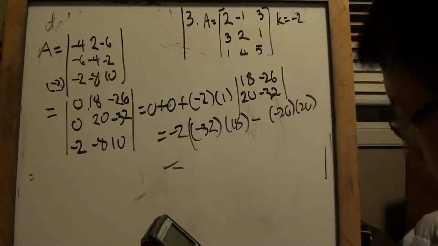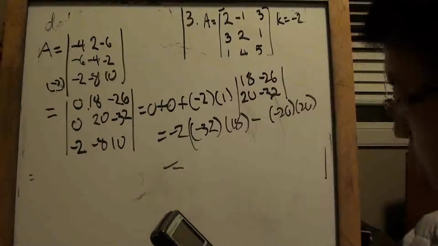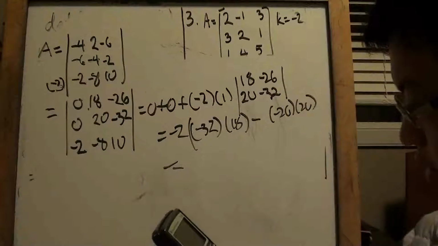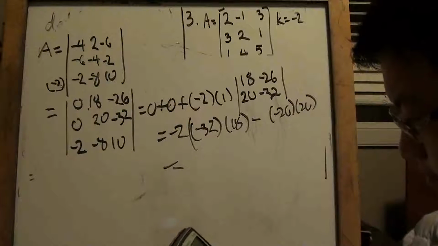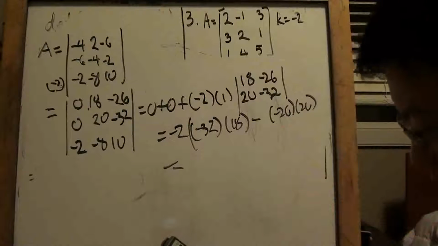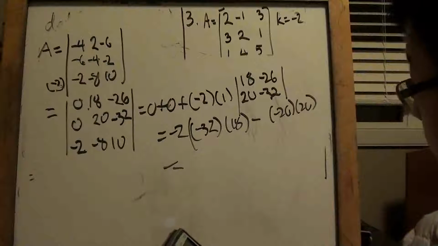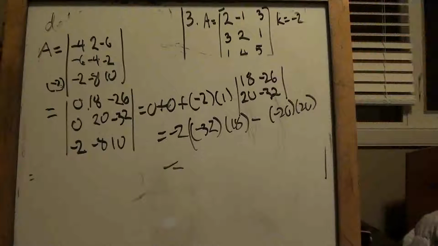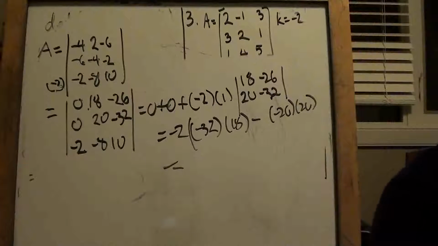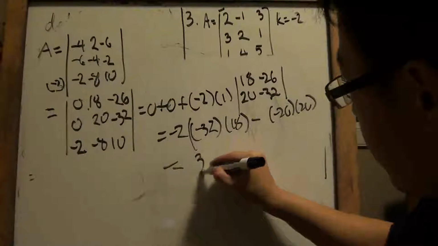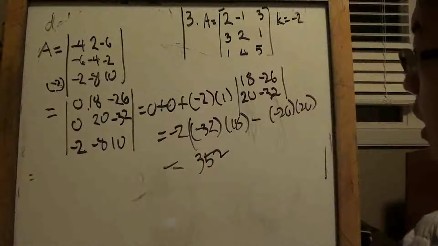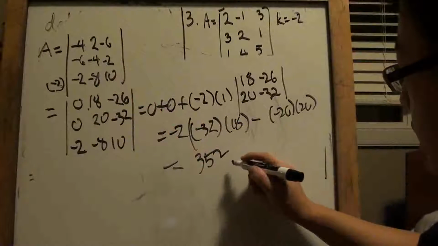Oh, why are you doing this to me? Plus 40. No, it's not 40. It's 400. 352. Okay. And that's A, right? That's only A, so that's the determinant of A.